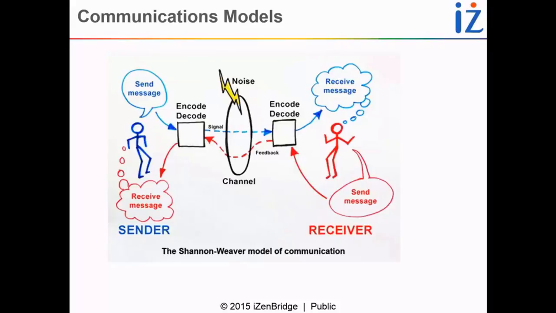Because if you send a message and then you get proper feedback, then you can understand: did you understand what I was saying? If not, then you can clarify, and you can make sure that your message is well received, and so there is no misunderstanding. So simple model, however, do make sure that you understand it.